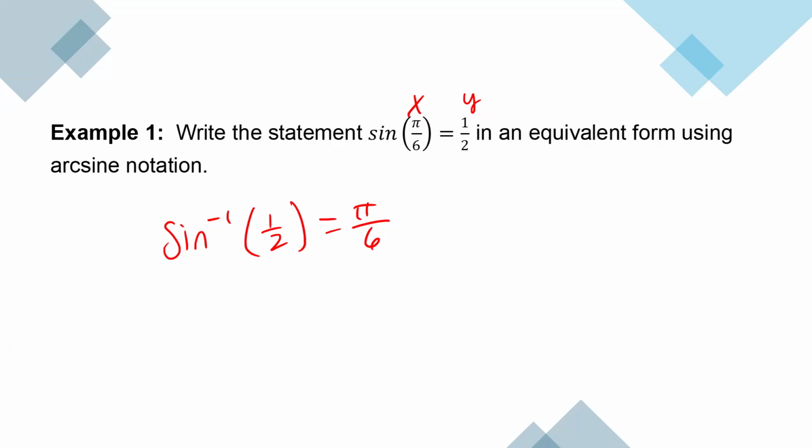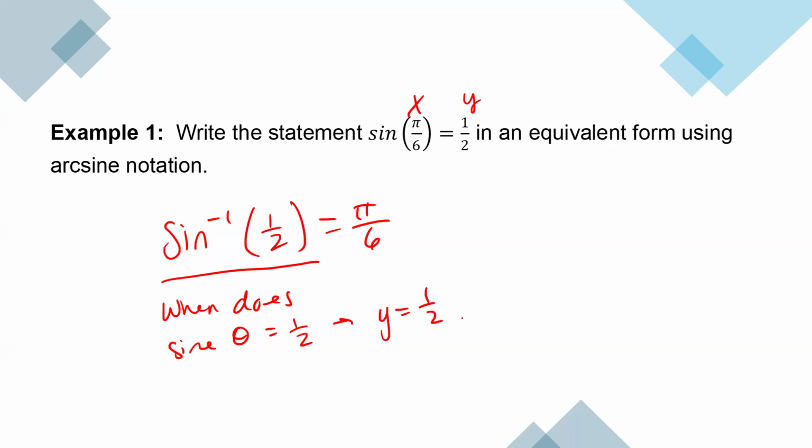That's what the inverse does. This is essentially asking, when does sine of theta equal 1/2? If we're looking at the unit circle, that means we're asking, when does y equal 1/2? Does that make sense?